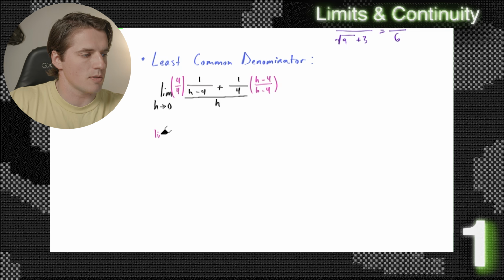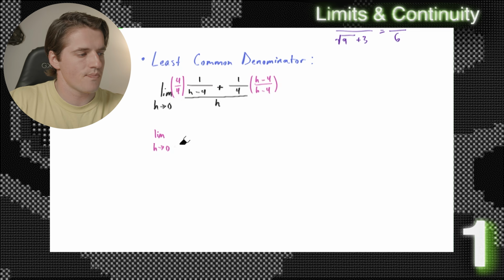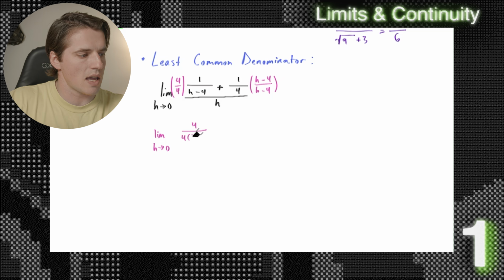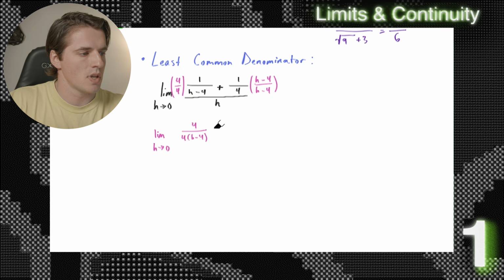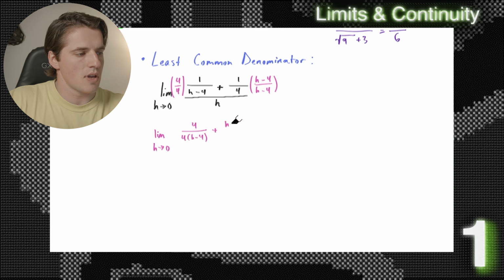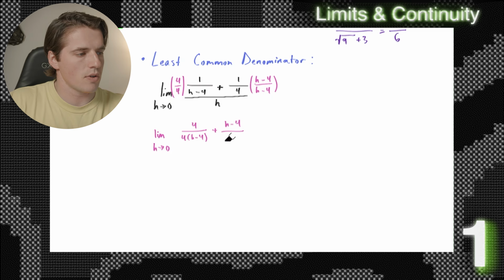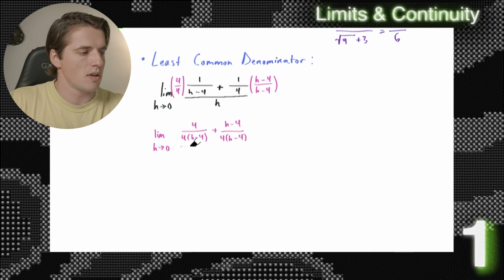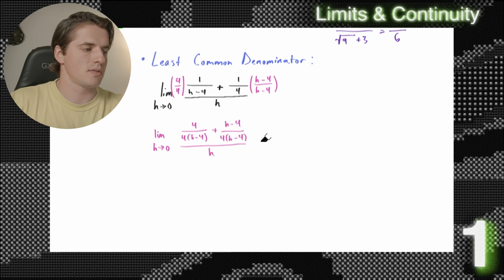And that will give us the limit as h goes to 0 of 4 over 4h minus 4 plus h minus 4 over 4h minus 4 all over h.